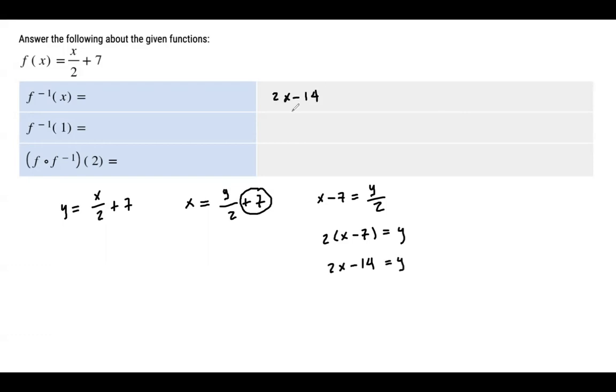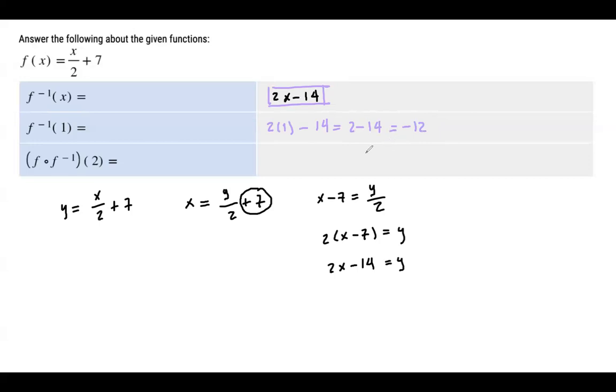Now, the inverse function evaluated at 1: because you already have the inverse function, you're just using 1 as an input. So basically, this right here is the inverse function, and you're plugging a 1 into it. So 2 times 1 minus 14, so 2 minus 14 is minus 12.